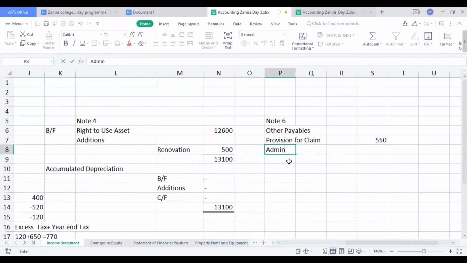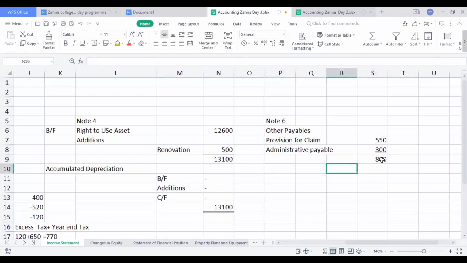Administrative payable. So got 300. I'll finalize this also. So that's all we have on the books. We got 800.